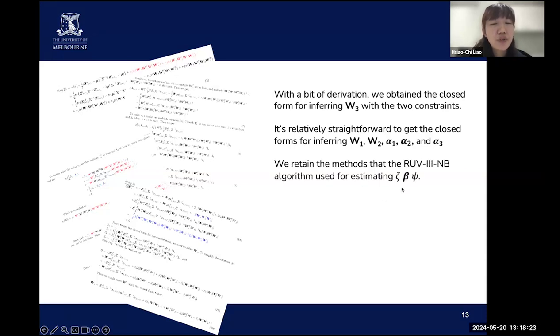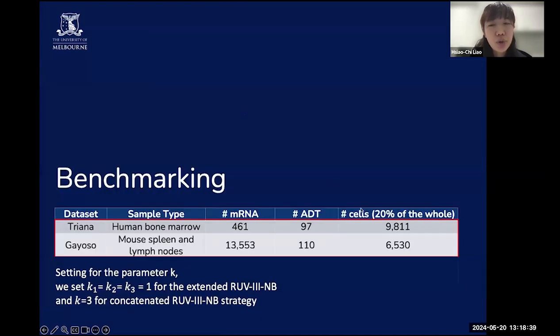And for the rest of the parameters, like the intercept, the biological effect, and the dispersion parameter, we just retain the current method in the current IUV3MB method. So now we are all set. And in the next session, I will show results from benchmarking by using these 2 data sets.